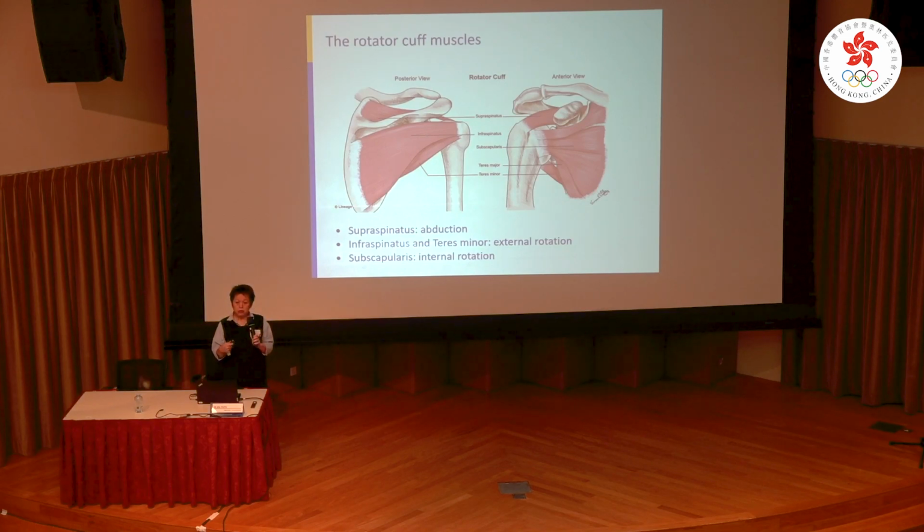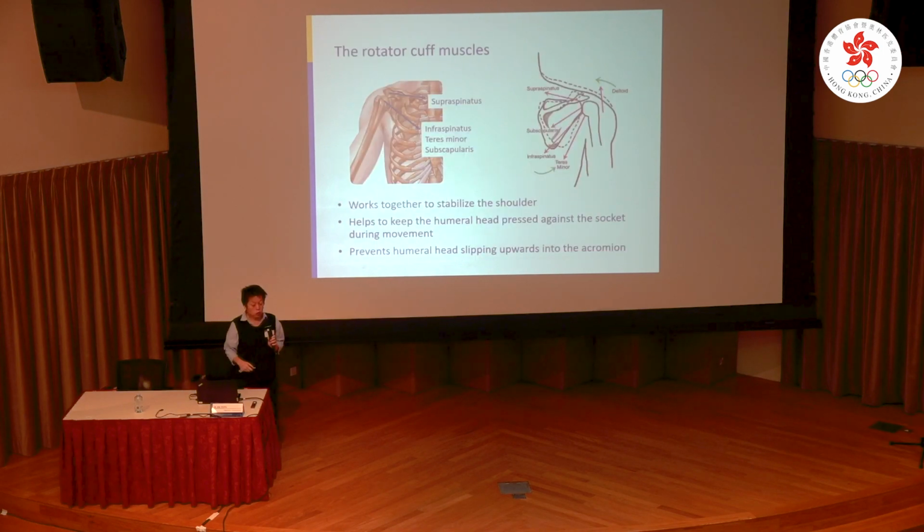They all have different functions, but most important, as far as the rotator cuff muscles are concerned, they work together to stabilize the shoulder. Because of the way the muscles are arranged, when they work together, they keep the humeral head, which is the head of the humerus, pressed against the socket during movement. So it provides that stabilization role.